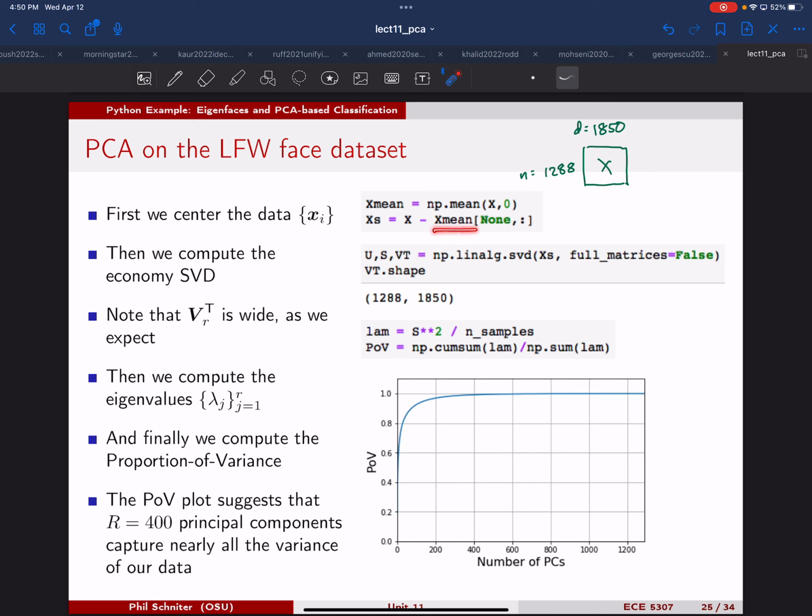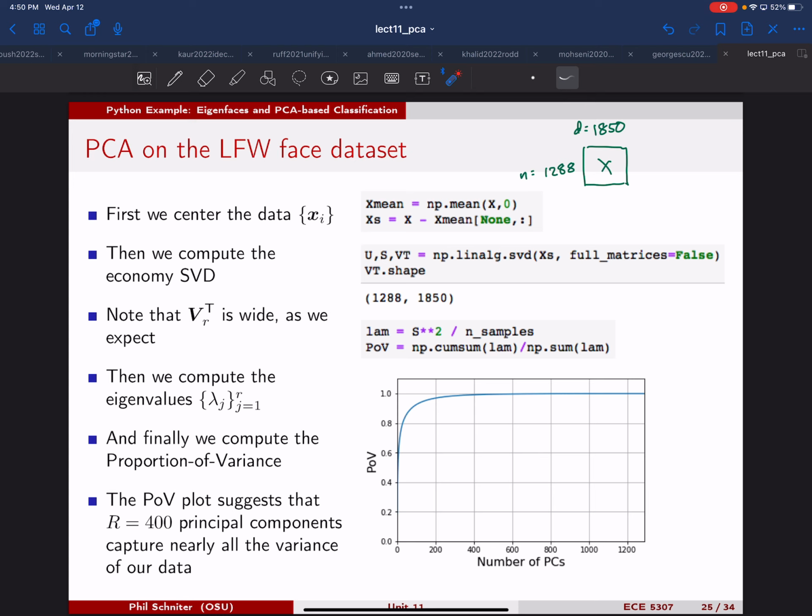You want to subtract that from x, but of course, this is a matrix and this is a vector, so you use Python broadcasting to turn that back into a matrix, and that will subtract this quantity from every column of x. So that's how we get our mean-subtracted x.